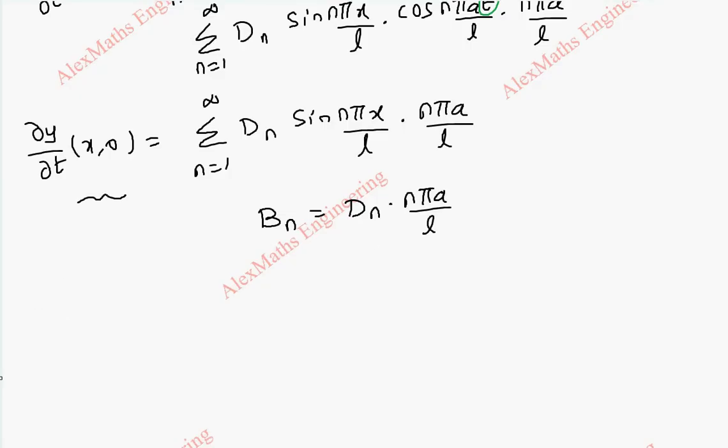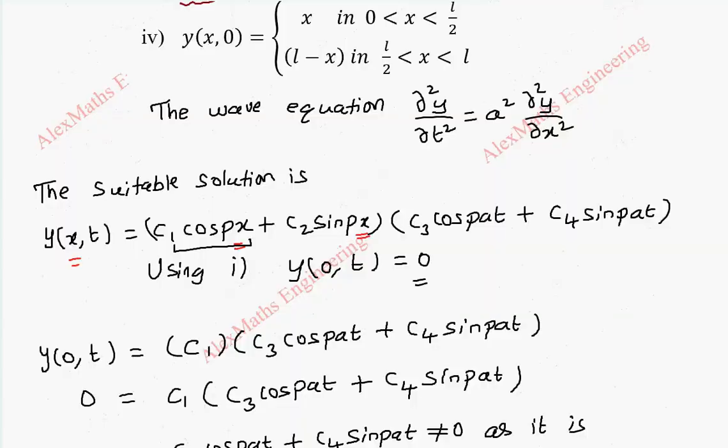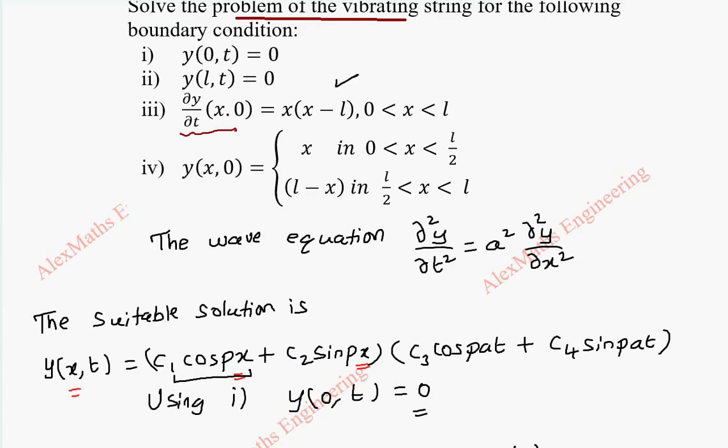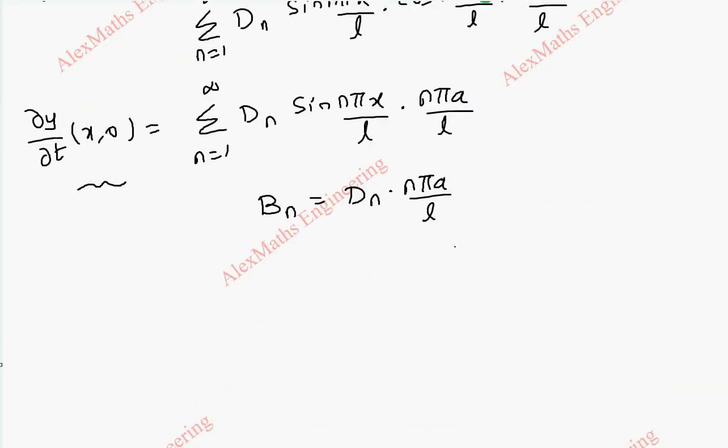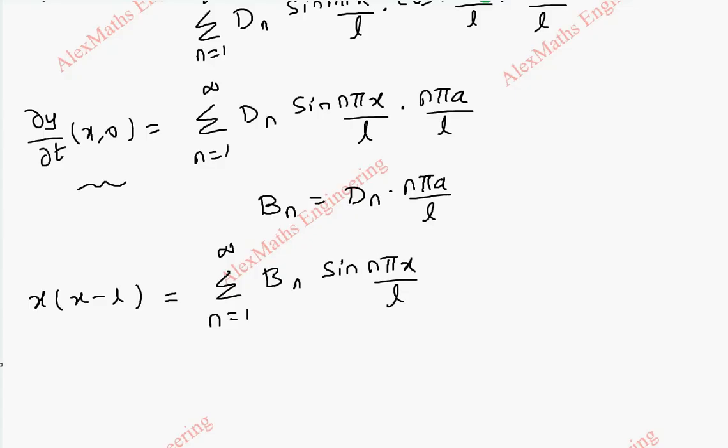So as per the condition, we have x into (x minus L) equal to summation n is equal to 1 to infinity bn into sin(n pi x by L).